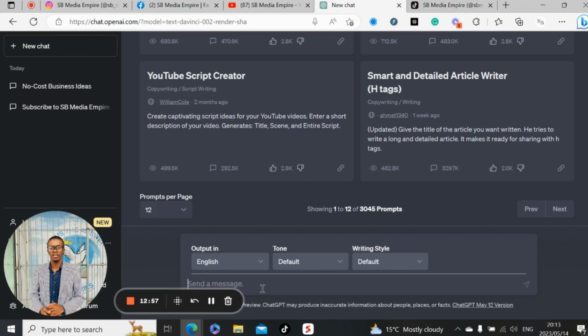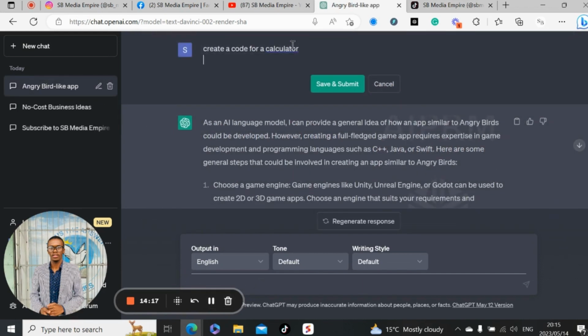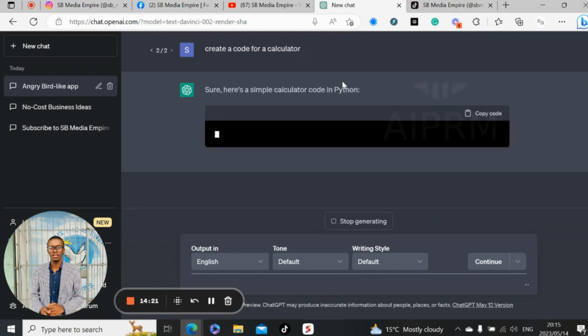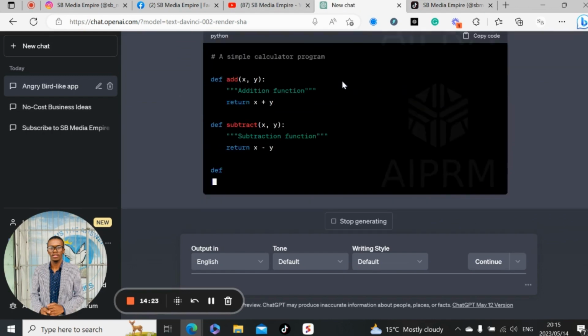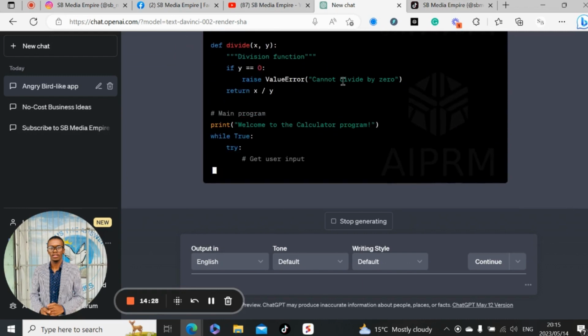You can ask ChatGPT to give you the coding script, and it's going to give you the script so that you can then code it. So you see, it's going to code the whole thing for you.